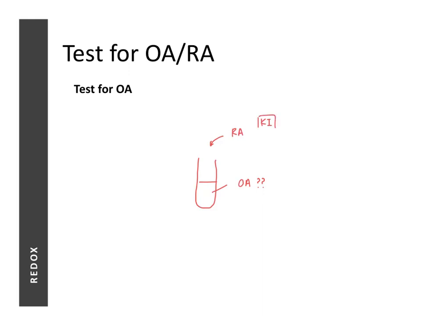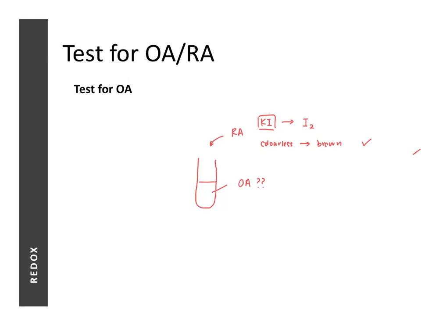So to confirm that an oxidizing agent is present, I add potassium iodide into the solution. If the solution changes from colorless to brown, what does it mean? It means that my iodide has been oxidized, meaning that there is an oxidizing agent in the solution.